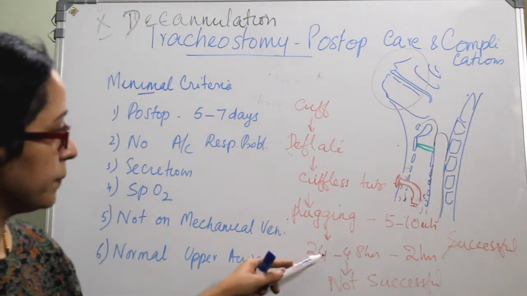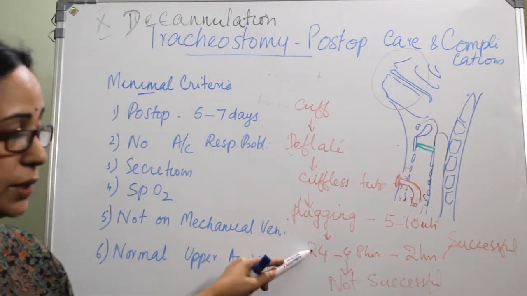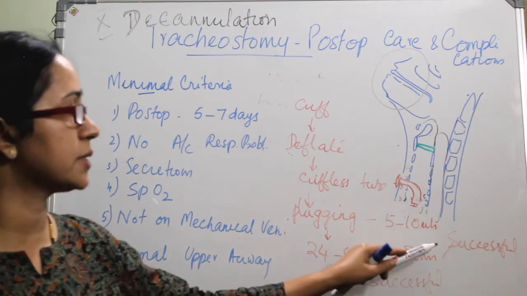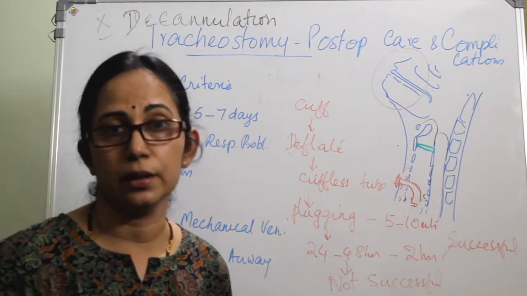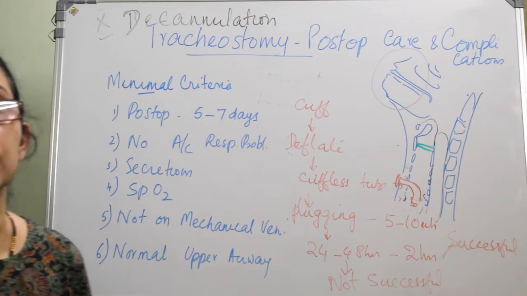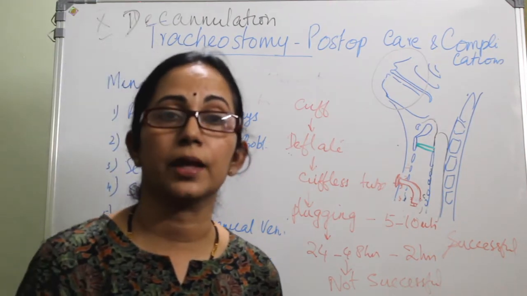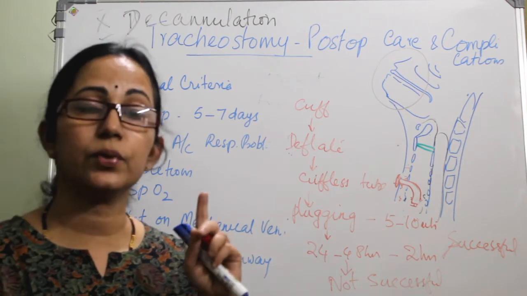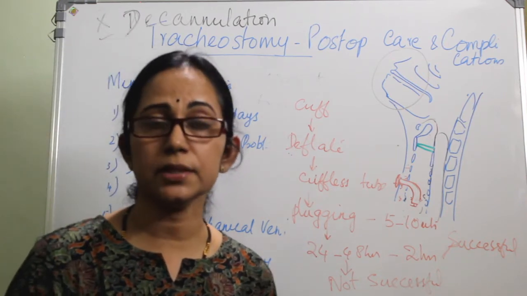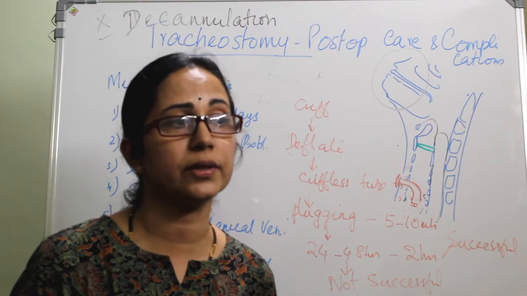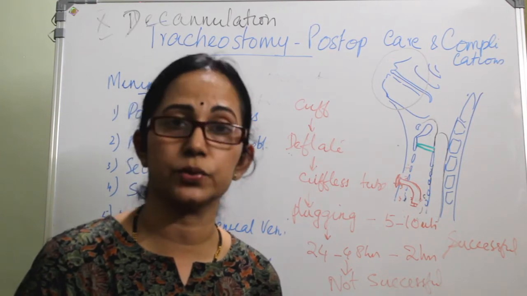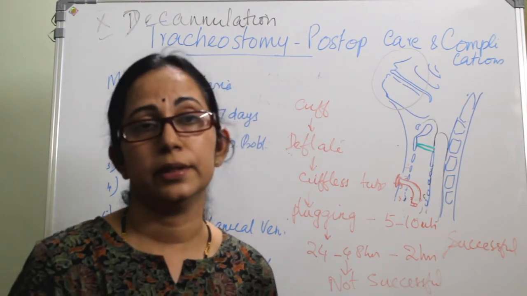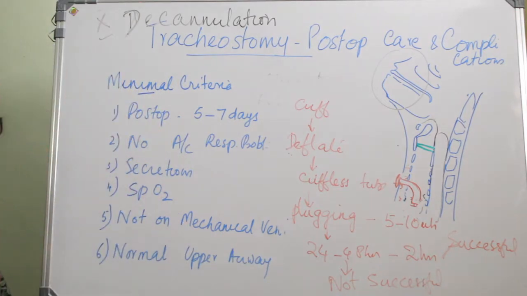If no problem, then watch every 2 hours for the next 24 to 48 hours. If it is successful, remove the tracheostomy tube, and if it is not successful, plan for an extended pathway and go with the investigations. So, if you cannot remove the tracheostomy tube even after the indication of tracheostomy is over, then it is called a difficult decannulation.